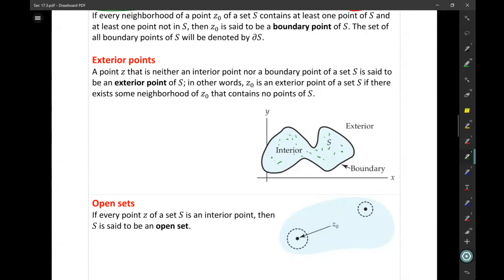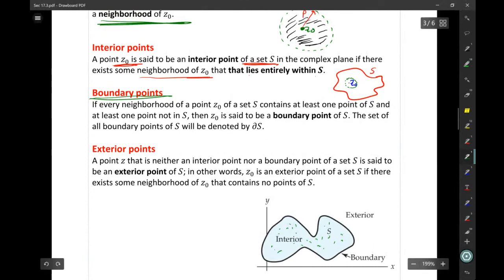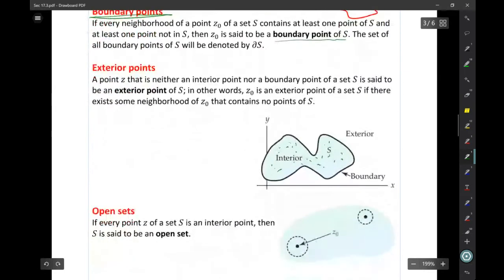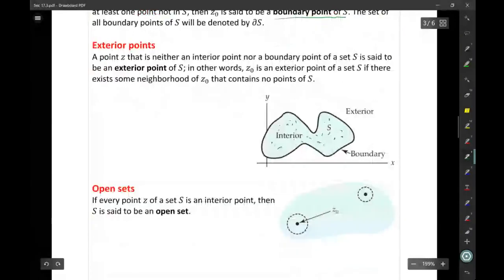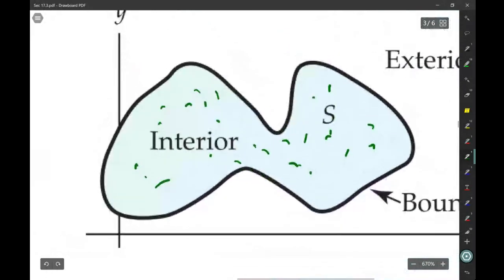The boundary is the points located at the boundary of the set S. I mean, if every neighborhood of z naught of a set S contains at least one point of S and at least one point not in S, then z naught is called a boundary point of S. Have a look here. This is the boundary.